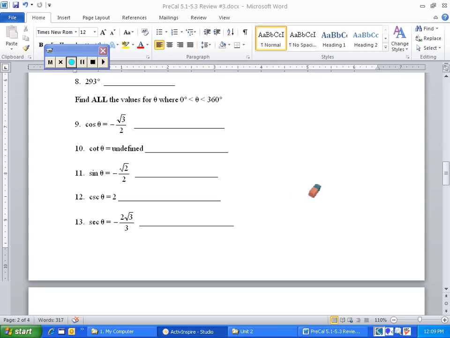Okay, the next one says that cotangent is undefined. So that means that it is an axis question. Okay, so my choices for the axes would be 0, 90, 180, or 270. And then you can throw in 360 if you want. Now, cotangent is undefined means that tangent is 0. So if I just label these quickly, I can see where tangent is going to be 0, so that cotangent is undefined.